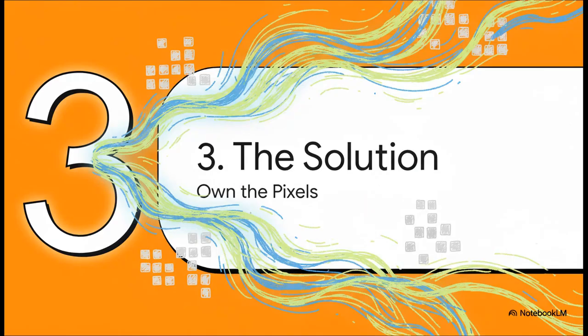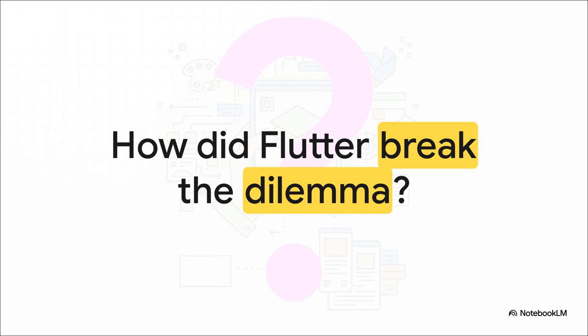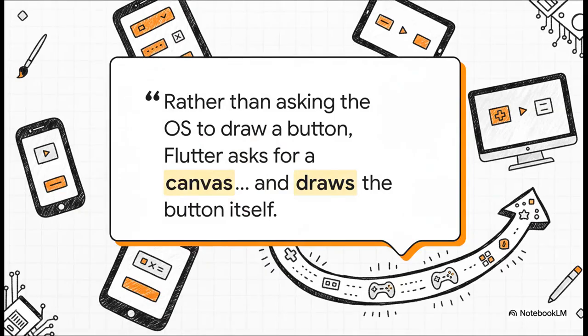And this is where Flutter comes in with a totally radical idea. One that didn't just choose a side in the dilemma, it sidestepped the whole thing. This is the core concept that changed everything. So, how do you get away from all the problems and inconsistencies caused by the platform's own components? It's actually pretty simple, in a genius kind of way. You just stop asking the platform for permission. This quote just nails it.